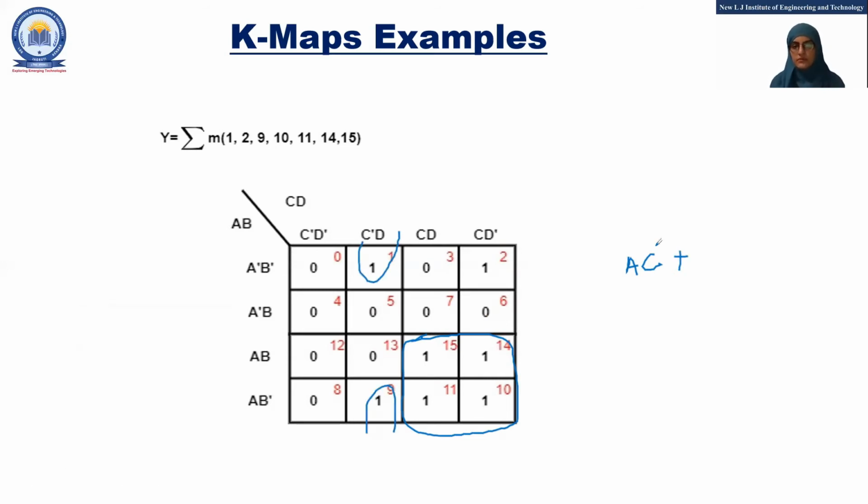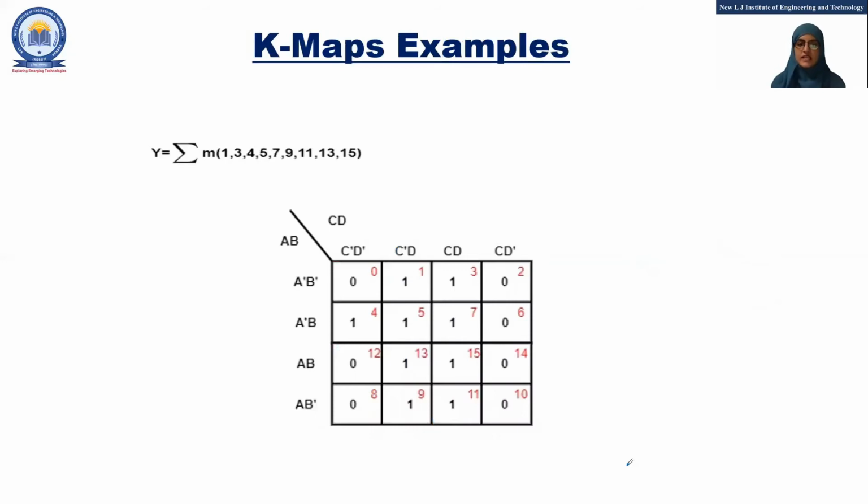So answer of this pair is B prime, C prime and D. Next pair possible is this one. So here answer is B prime, C, D prime. So final answer is AC plus B prime, C prime, D plus B prime, C, D prime.